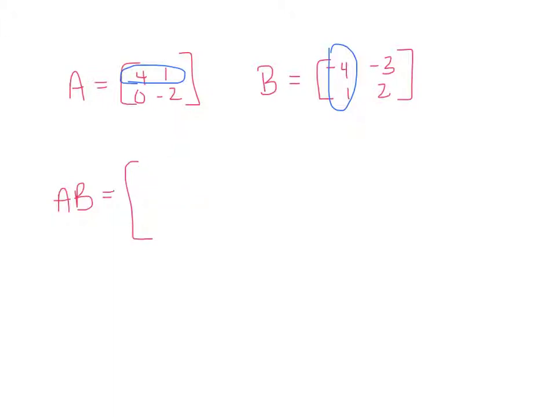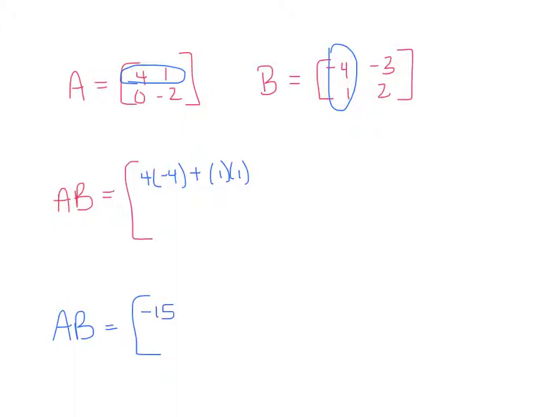We're going to multiply 4 times -4, so that would be the first entry in each, plus, then we're going to multiply 1 times 1, which is the second entry in each. So that answer, let's go ahead and get that answer. So you have -16 plus 1, so that's going to be -15. That's your first entry.